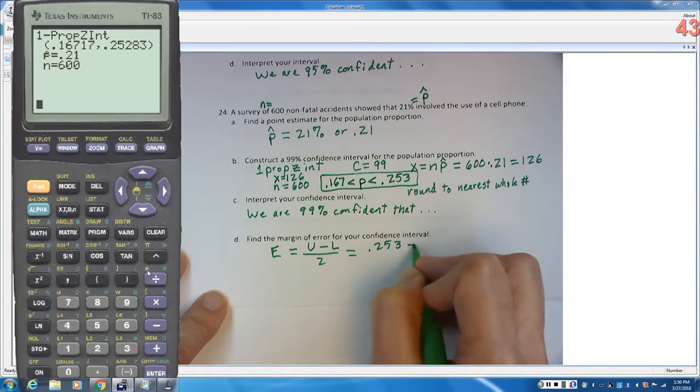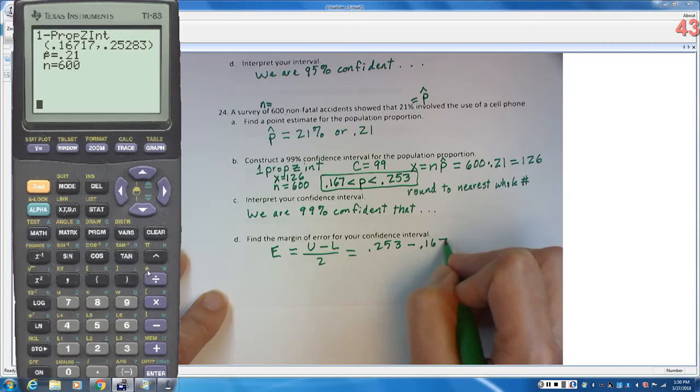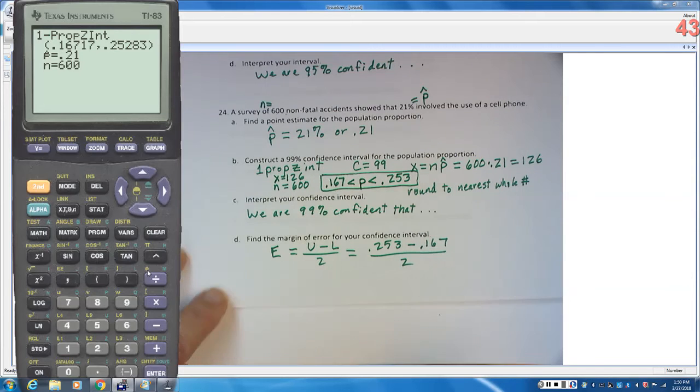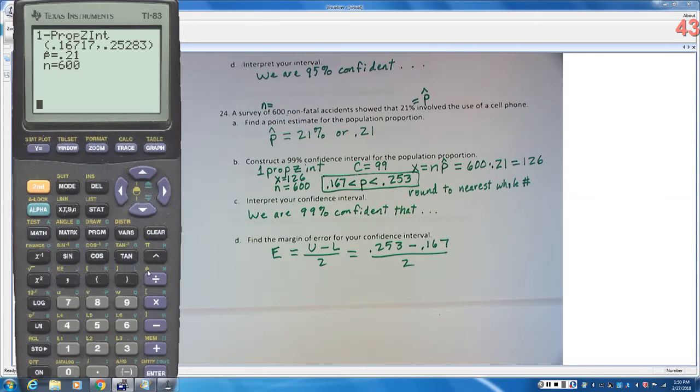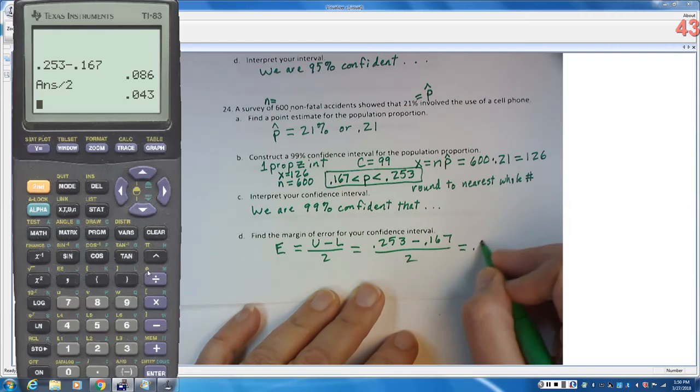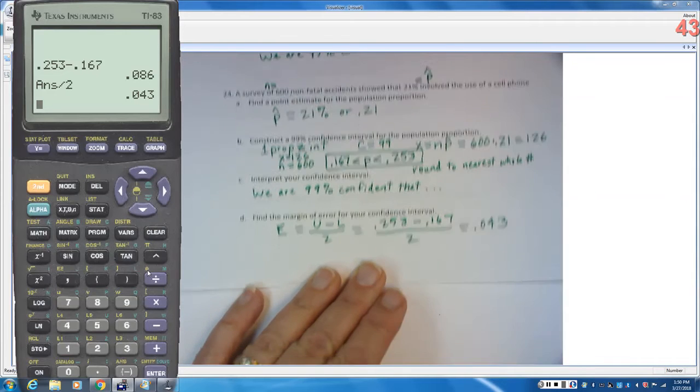So 0.253, we don't have to use any formulas on this part. You're just going to subtract those and remember to divide by 2: 0.167 divided by 2. Make sure your answer makes sense. 0.043.